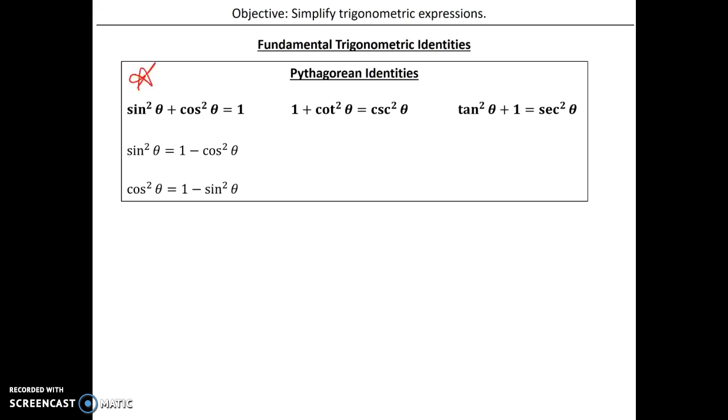I want to talk briefly about the other two identities listed here.